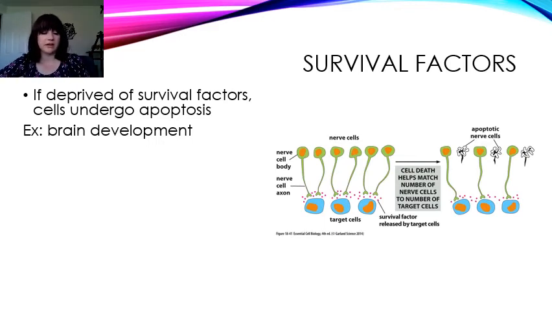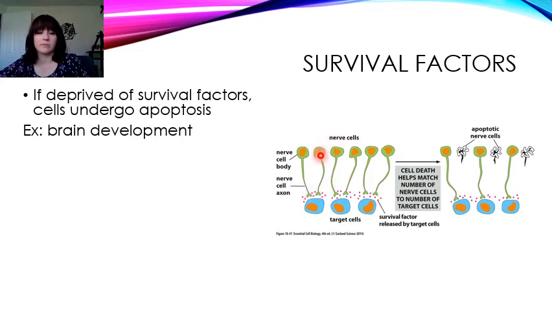You can see that during development, we have a lot of nerves that are born, and then they have to connect to something, right? Nerves have to synapse with target cells. And so in this case, their target cells will release the survival factor. If a neuron is close enough to its target cell, it will receive that survival factor and it will be able to survive.